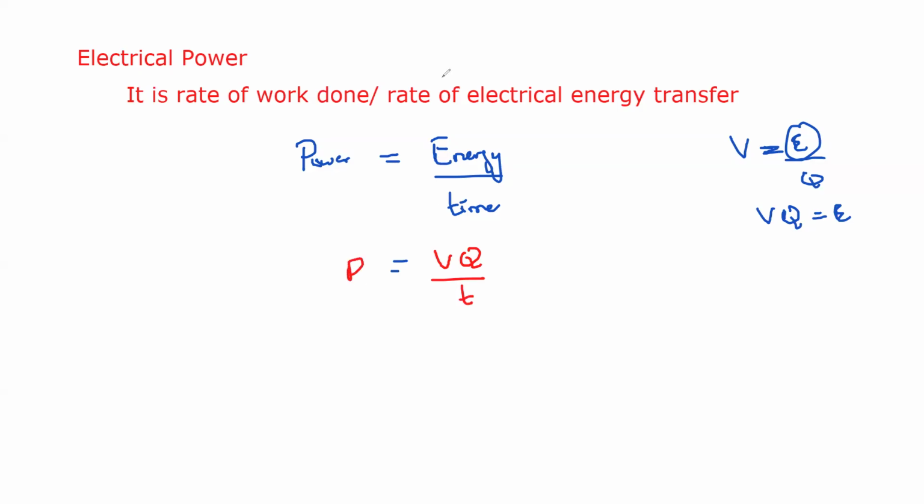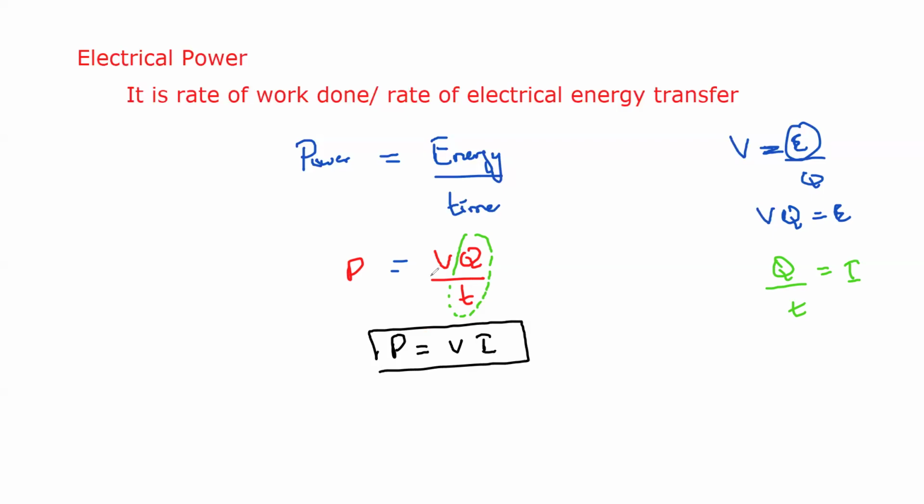What is charge divided by time? The rate of flow of charge in a unit time, we call that electrical current, I. So if we simplify, we get P equals VI. The power is the product of voltage and current.